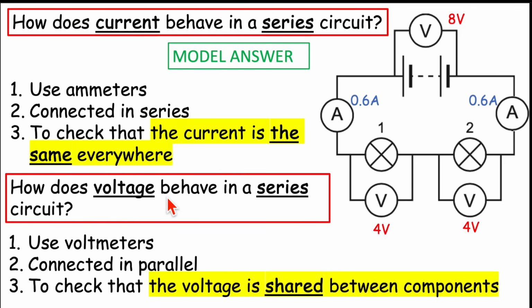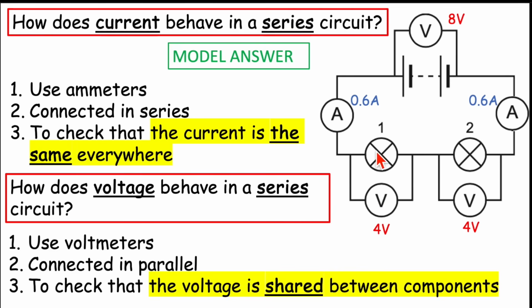How does voltage behave in a series circuit? Well, basically tell the examiner the voltage is shared between the components, and you say use voltmeters connected in parallel with the bulbs or with the resistors. And if this is 8 volts coming in, we would share that voltage between the components in the circuit.